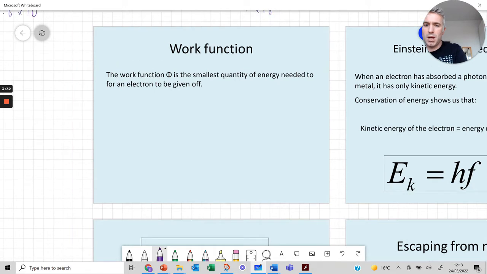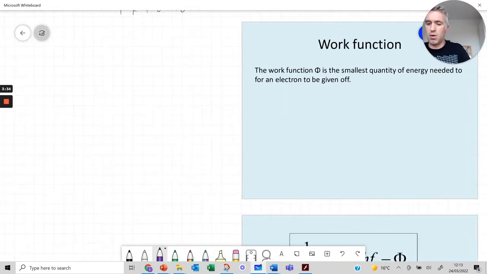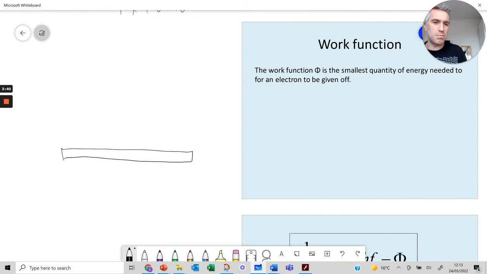Okay, so yesterday we did a little bit, let's do a review of the old photoelectric effect. So remember, we have a piece of metal, and inside the metal we have little electrons on the surface, and if you get the right frequency of light coming in, these electrons are released.